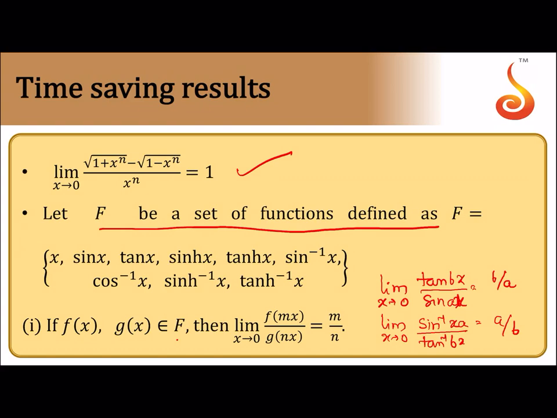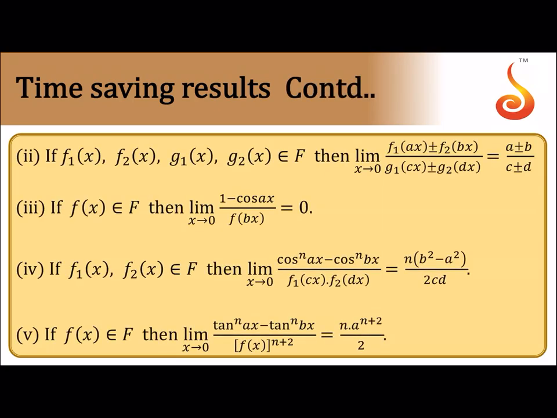So limit x tending to 0, sin inverse ax by tan inverse bx will give you a by b. The same thing is written here.